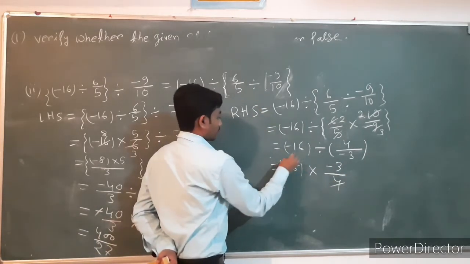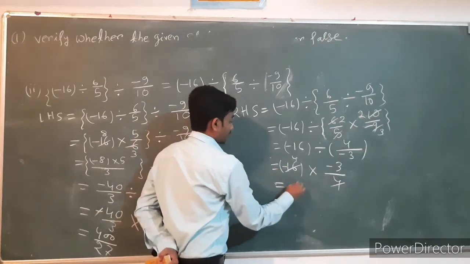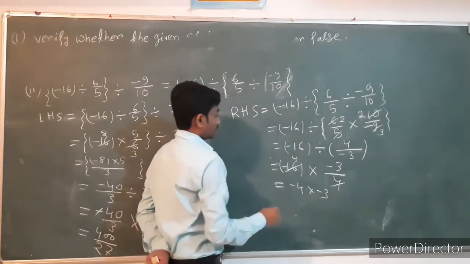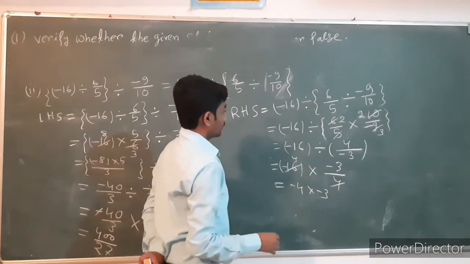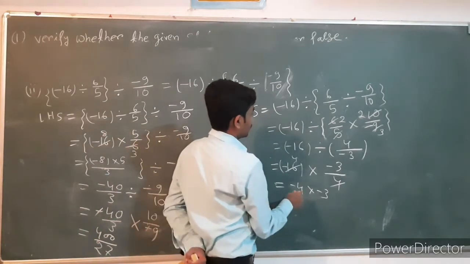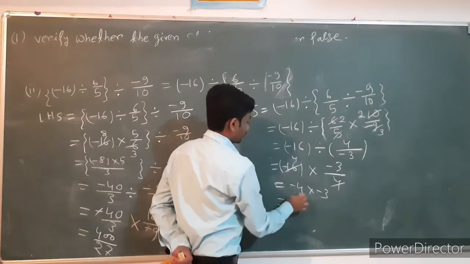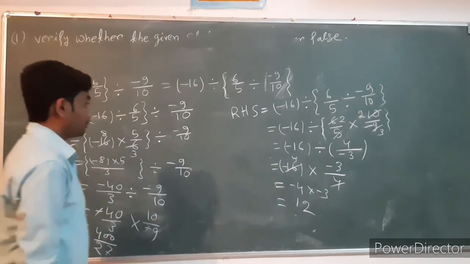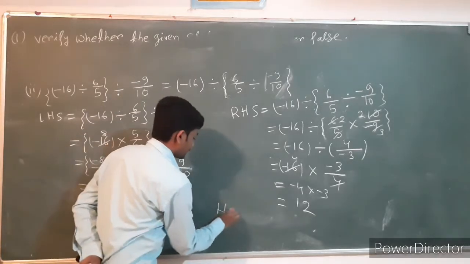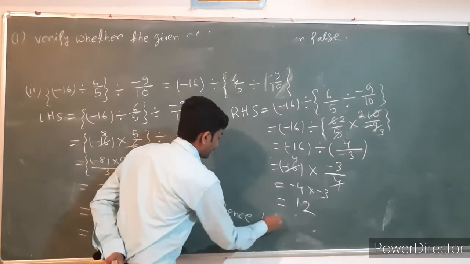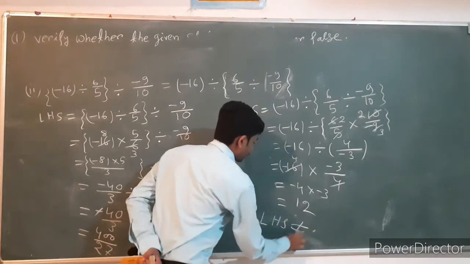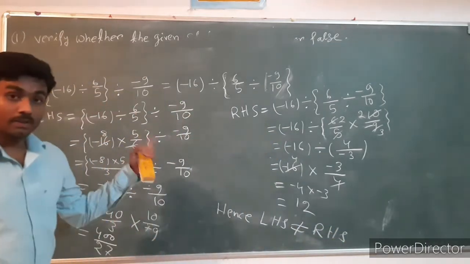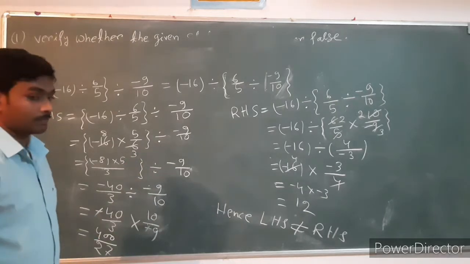So 4 into 4 is 16. So minus 4 into minus 3 is equal to 12. Hence LHS is not equal to RHS. So the given statement is false.